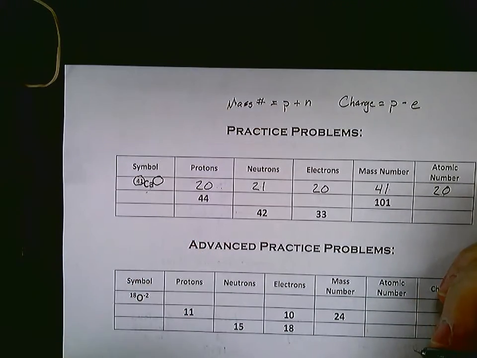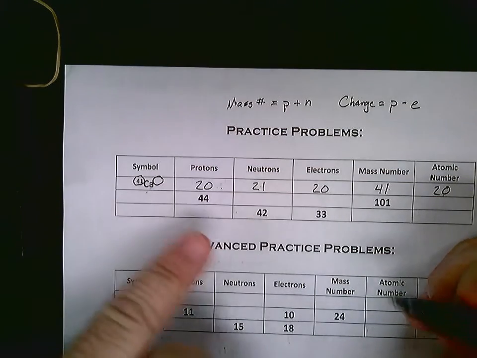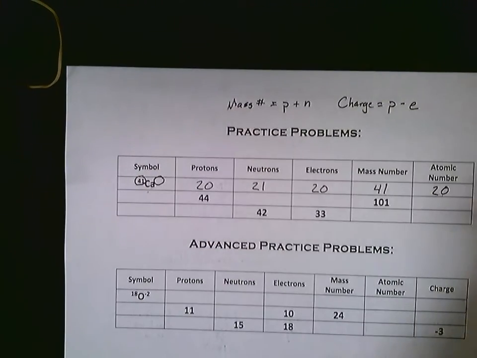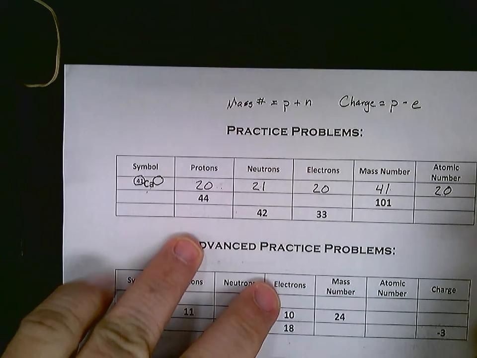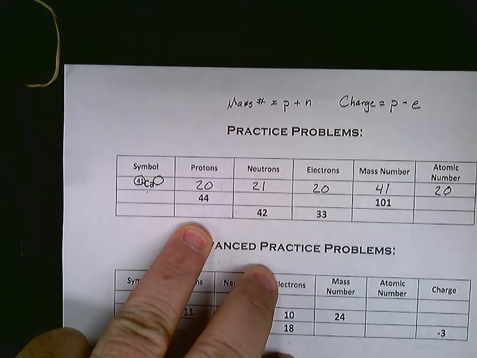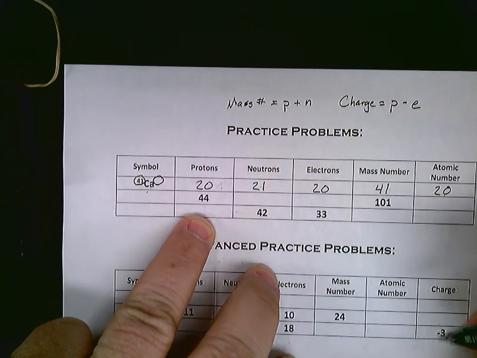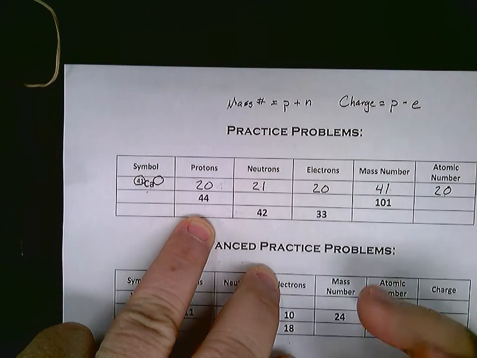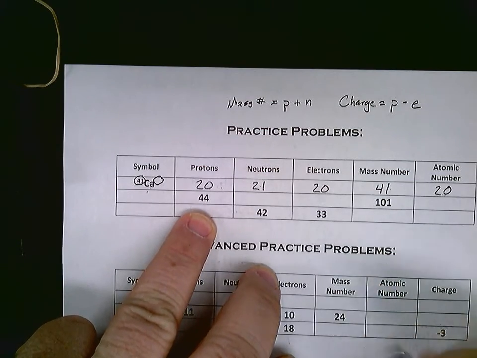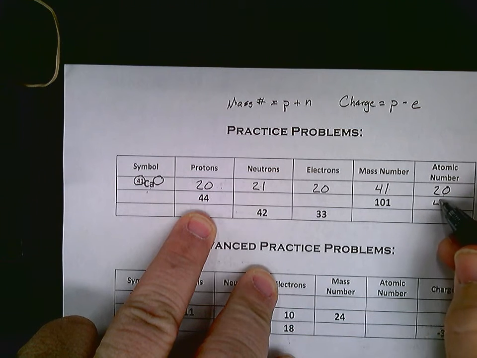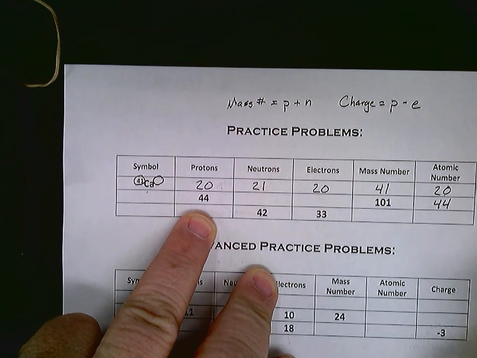But our problems are not always nice and straightforward like that. Sometimes you're going to be given other information, so we've got to use our formulas to backtrack and figure out what's going on. In this particular case, we've got the number of protons equal to 44. Here's where we go to our periodic table. Protons and atomic number are one and the same, so this is also 44.